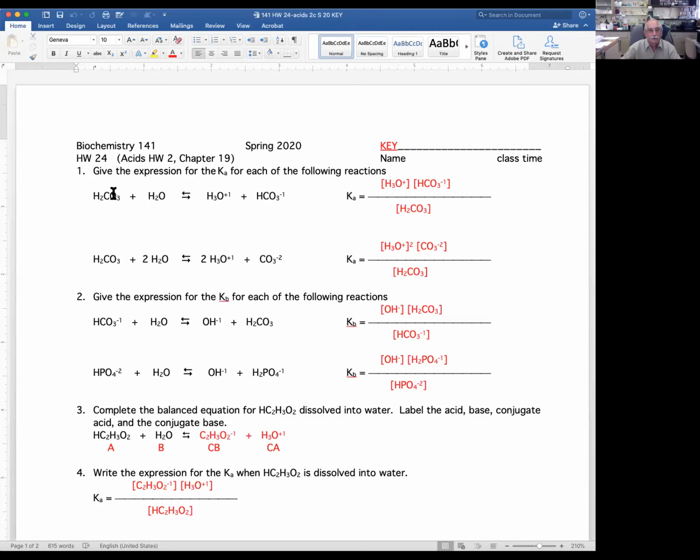So notice the difference right here. In reality, if I were to take carbonic acid and put it in water, sometimes it will do this, sometimes it does this. Mostly you're going to end up with this, but then again, that depends upon the pH.